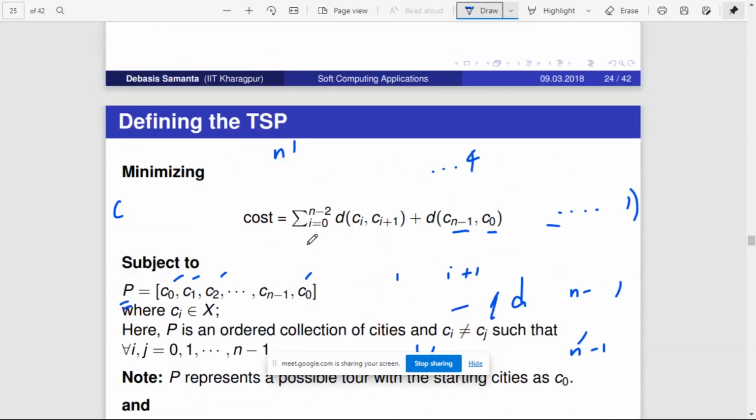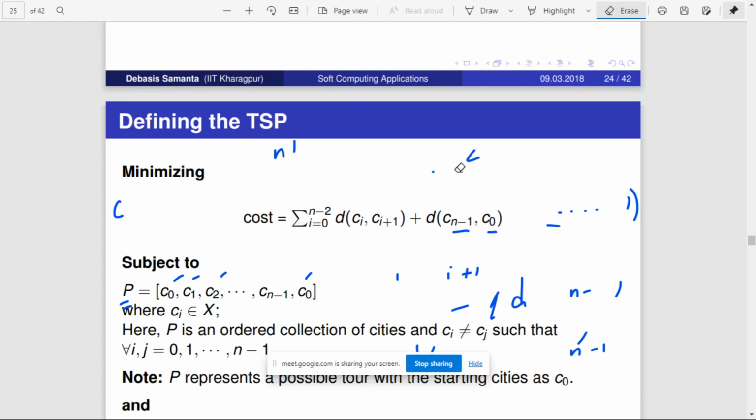So that's it about this ordered encoding, right? So could someone summarize what is meant by ordered encoding? What do we have to find in ordered encoding?